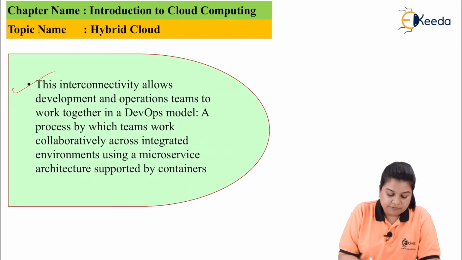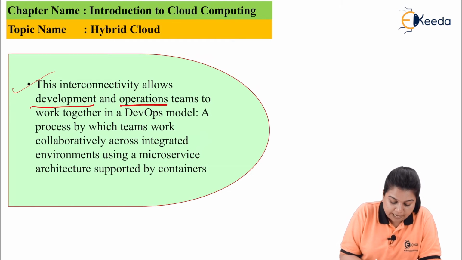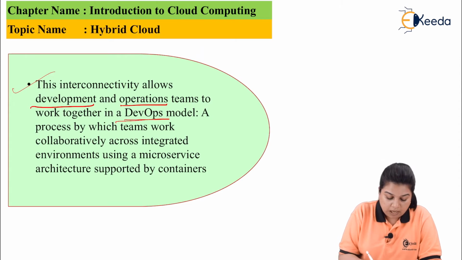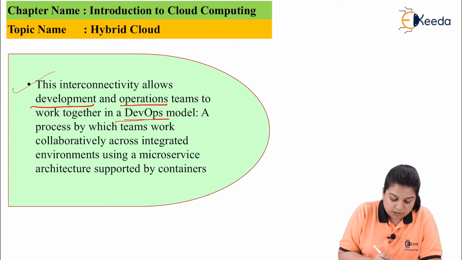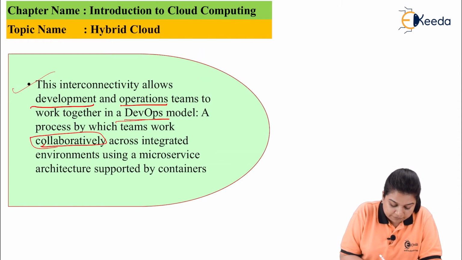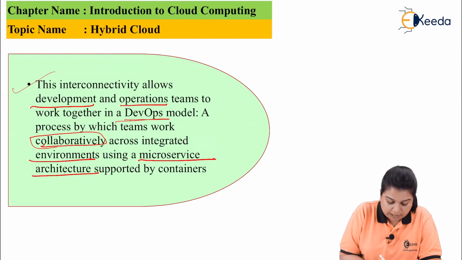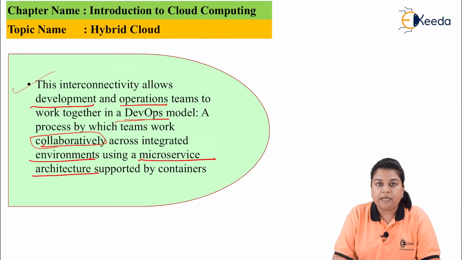This interconnectivity allows development and operations teams to work together in a DevOps model. The DevOps model means development and operations, a process by which teams work collaboratively across integrated environments using a microservice architecture supported by containers.